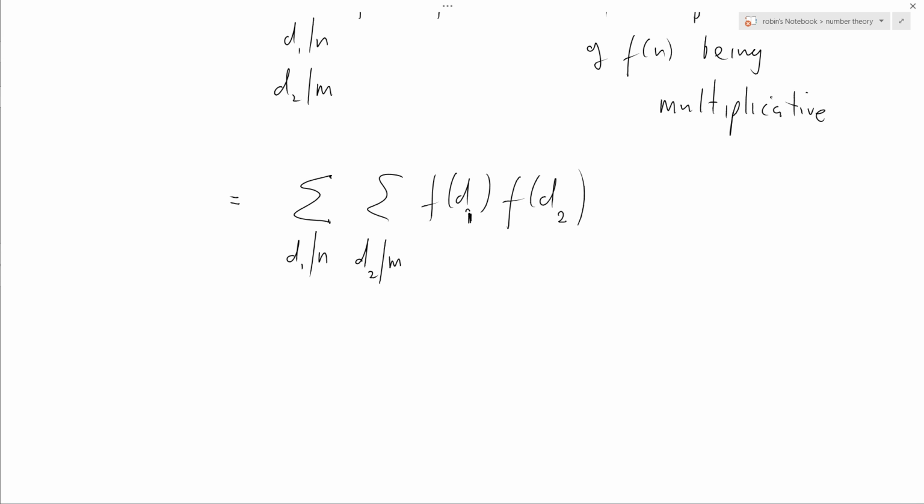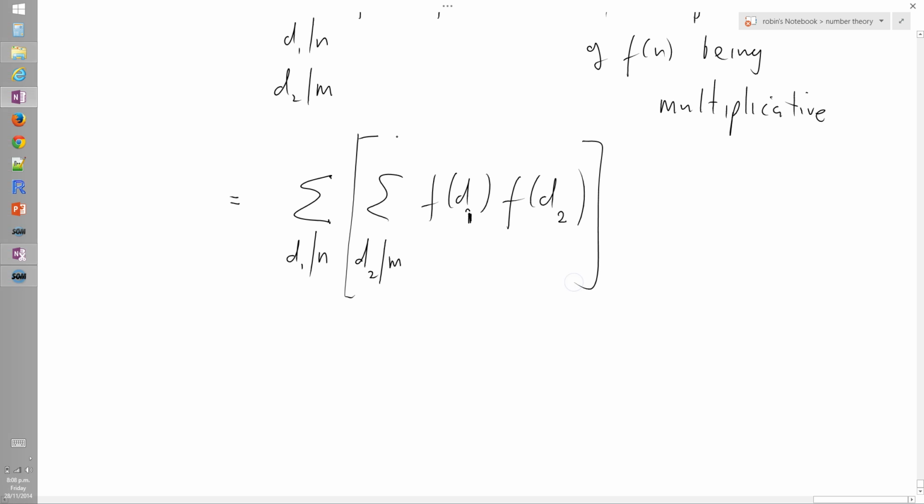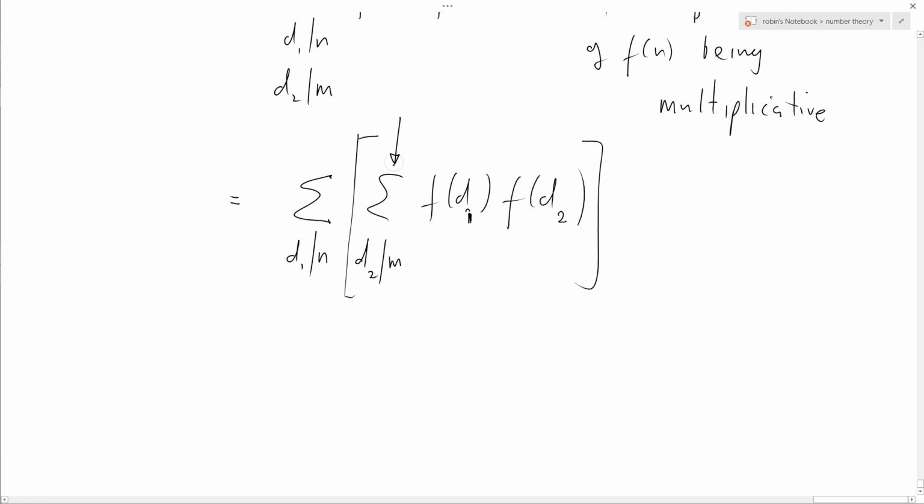Anyway, what I'm going to do is observe that as far as this summation is concerned, that summation is summing over d2. So that is just a constant.